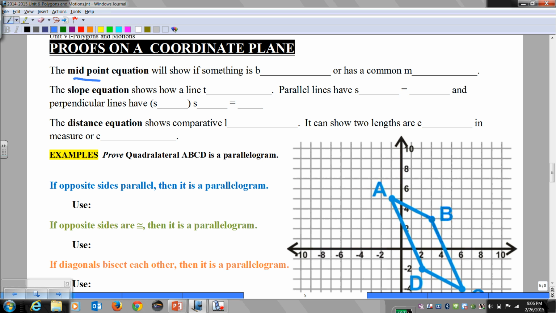The midpoint equation is going to show if something's been bisected or has a common midpoint.